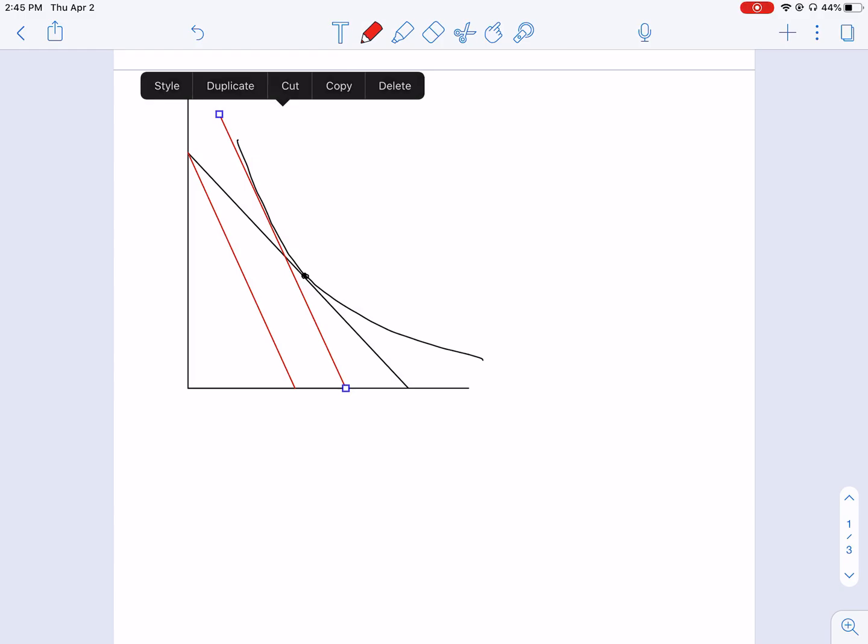So this is the substitution effect, right?